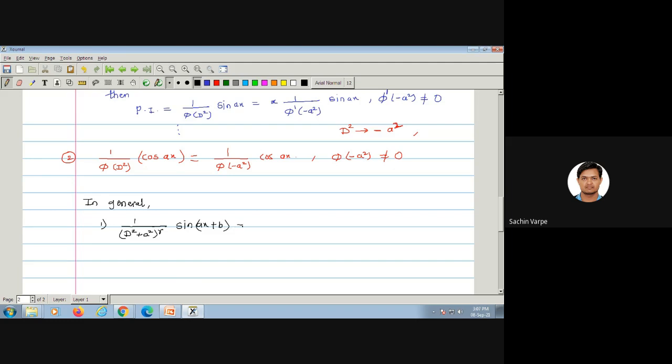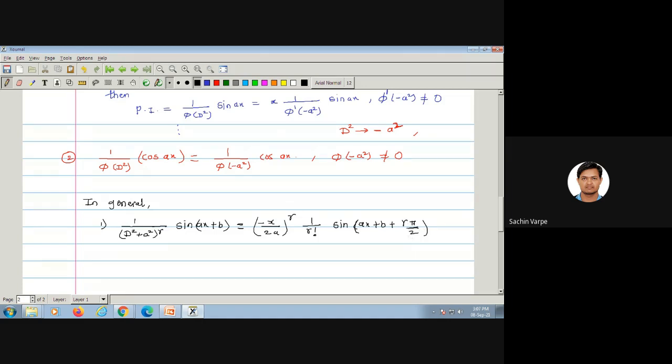So that can be written as minus x upon 2a to the power r into 1 upon r factorial, sine of ax plus b plus r pi by 2. This is the generalized result.